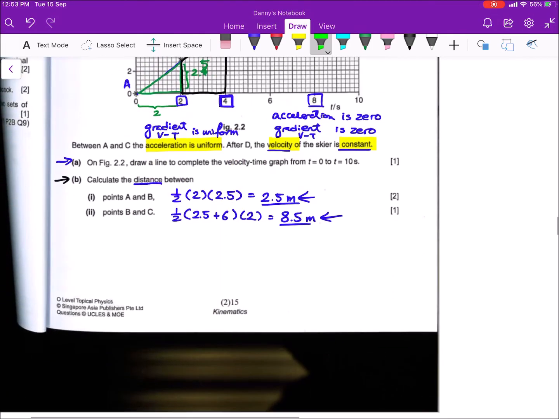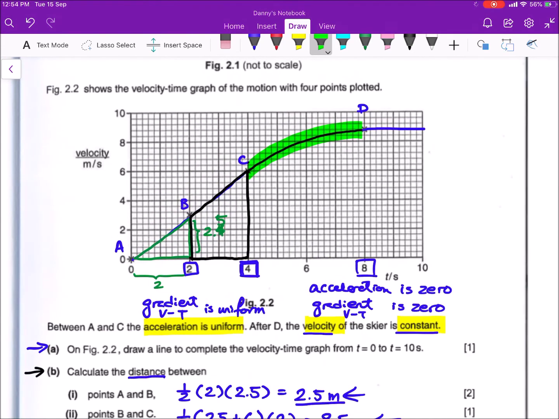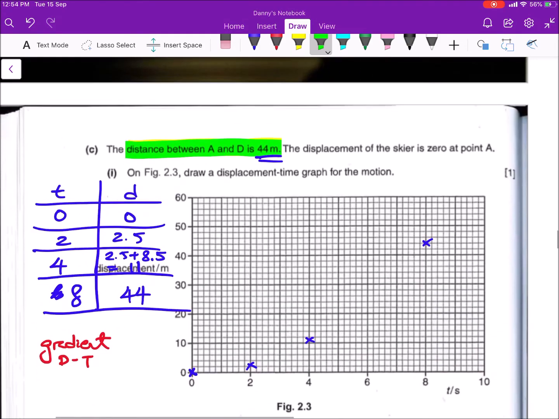So you need to ask yourself, did we travel at constant velocity? If you look here, the only part whereby we travel at constant velocity will be here, which is given in the question. Between A and C, there's acceleration, so obviously you won't have constant velocity because you are accelerating.